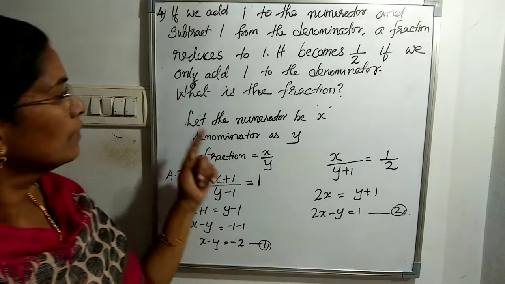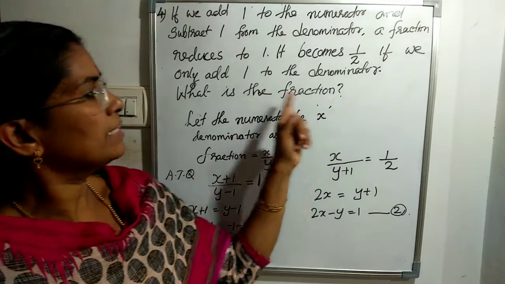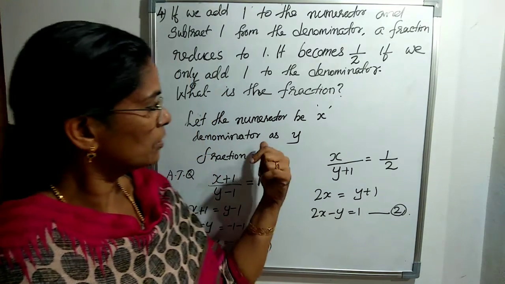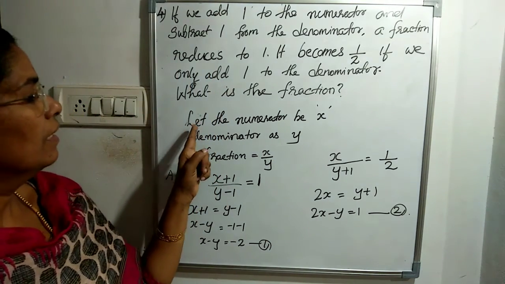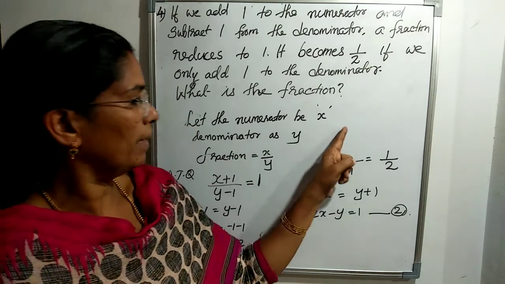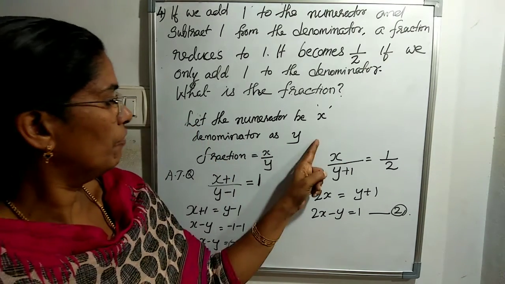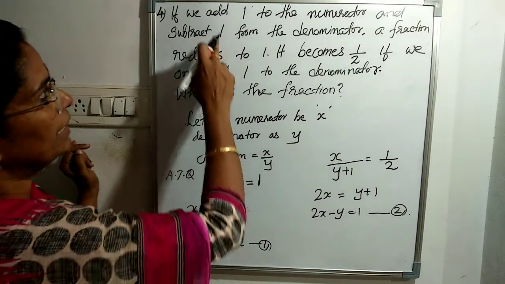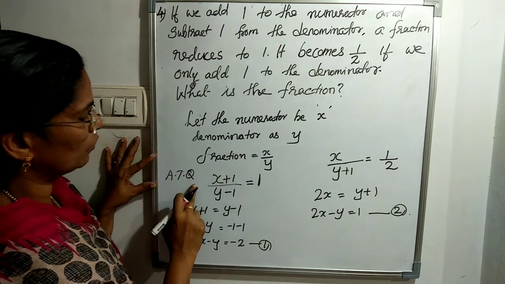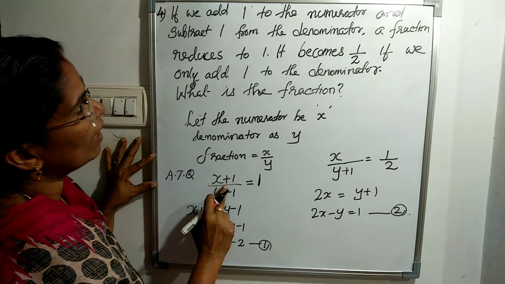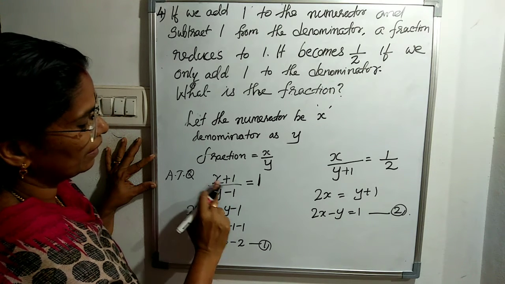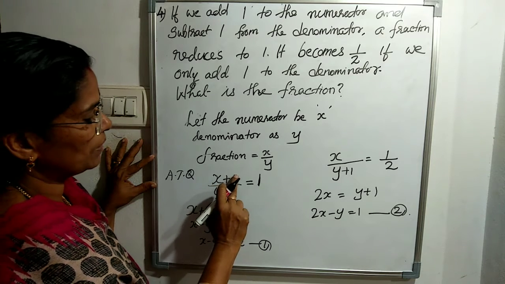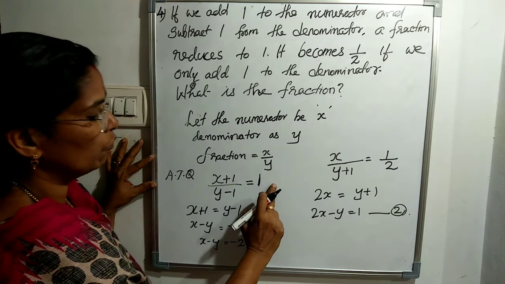One more time. First, we have to write the given fraction in terms of x and y. Let the numerator be x and the denominator y. Then the fraction becomes x by y. Now we read the condition one more time. 1 added to the numerator and 1 subtracted from the denominator gives x plus 1 divided by y minus 1 equal to 1.